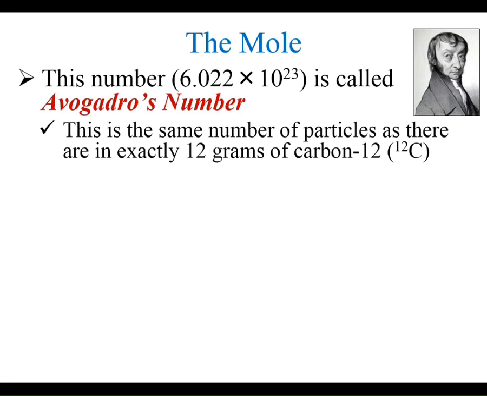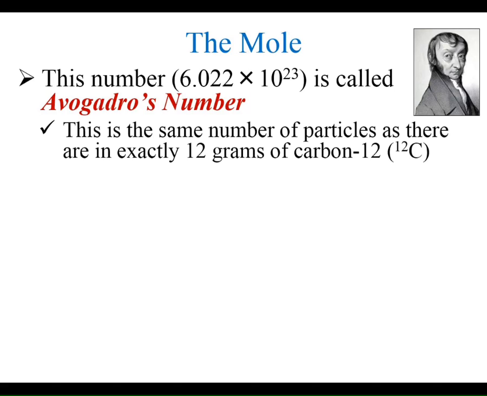So why was carbon-12 chosen? Well, all of the masses on the table are based around carbon-12. I mentioned this unit before called the AMU, a way of measuring really small things. That's also based off carbon-12, because carbon-12 has been defined to be exactly 12 AMUs. So 1 AMU is a 12th of a carbon-12.